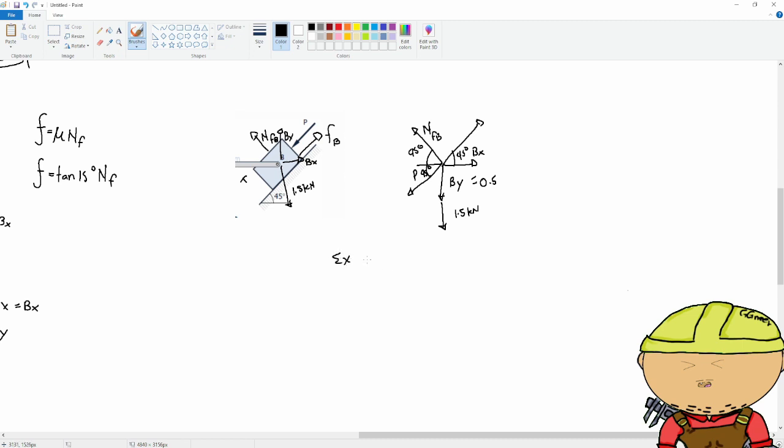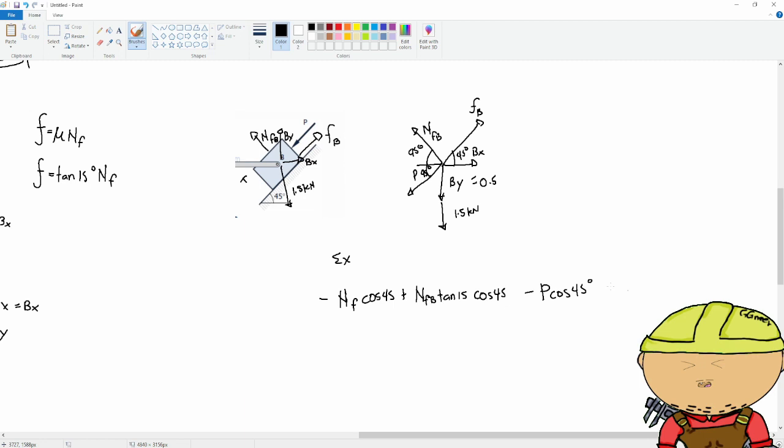X component. So we got negative NFB cosine 45, positive NFB for the friction, tangent 15 cosine 45, minus P cosine 45 degrees.